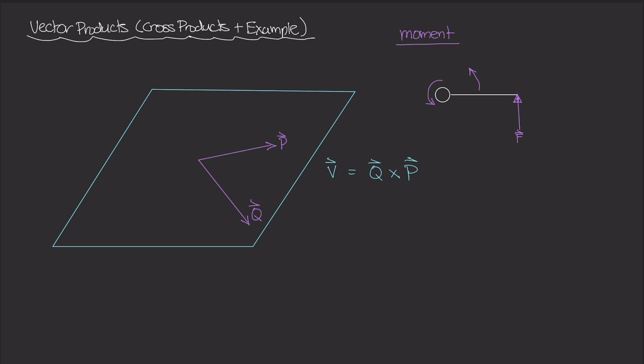Now, in order to get the magnitude of V, there's a special formula, and we simply take the magnitude of the first vector, multiply it by the magnitude of the second vector, and then you take the sine of the angle between them. So let's look at this diagram again. This angle theta is going to be the theta value between these two vectors.